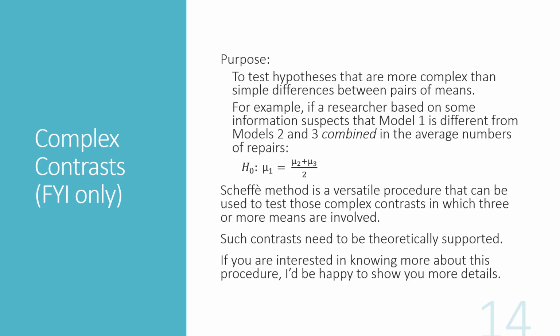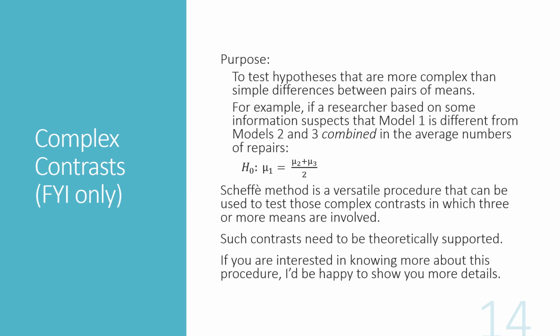The last kind of post hoc test is for more complex types of comparisons. All the tests we have talked about so far are for pairwise comparisons. Assume that a researcher, based on some test information, suspects that Model 1 is different from Models 2 and 3 combined in the average number of repairs.